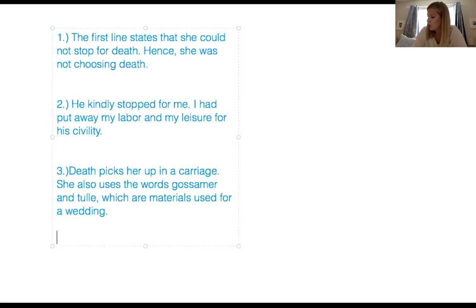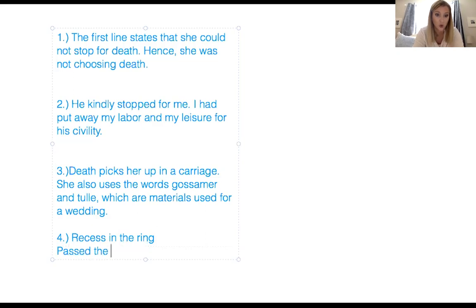Number 4 says there's a dose of symbolism. So how does she symbolize youth in this poem? Well, she says recess in the ring, and she says that they passed the school. Okay. Make another text box over here. Number 5. And give another example of symbolism.